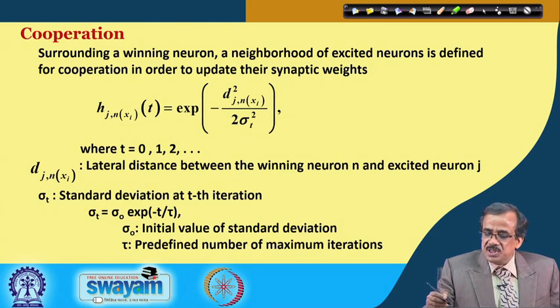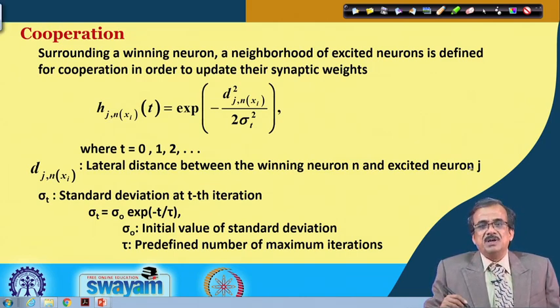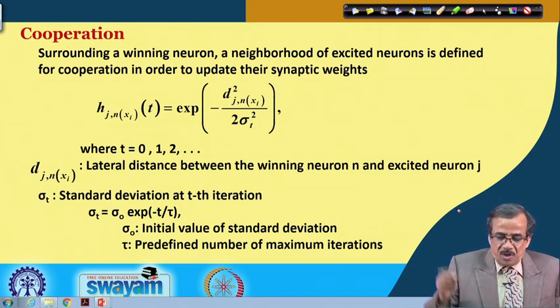The next stage is the cooperation, and in this stage, we have already decided the winner through competition, and surrounding that winner, there will be some excited connecting weights or excited neurons. Okay. So, let me just draw it here.